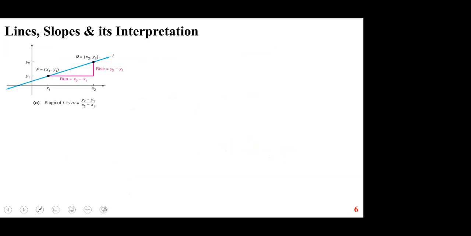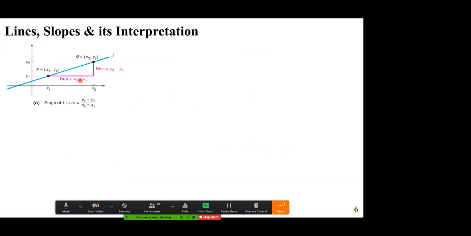Let's discuss lines, slopes, interpretation here. As you recall, the slope by definition is rise over run. The average rate of change of y with respect to x. Rise over run. Now, how do we write rise over run?